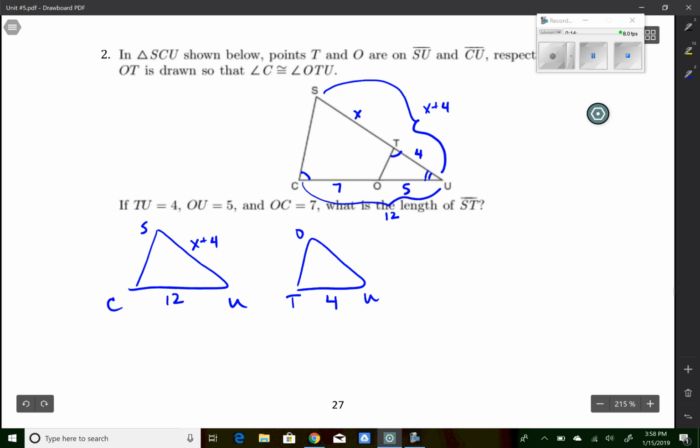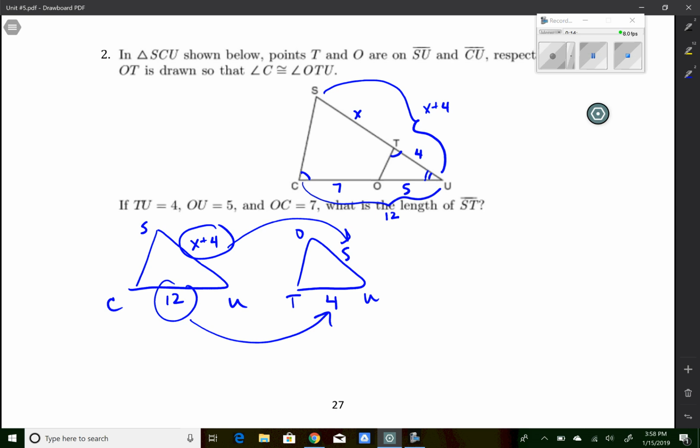So TU is 4, OU is 5. So notice I have this set of corresponding segments. By redrawing the question, or the 2 triangles, I can easily see what the corresponding segments are. So now I can say X plus 4 becomes 5 on the same ratio that 12 becomes 4. Do some cross multiplying.